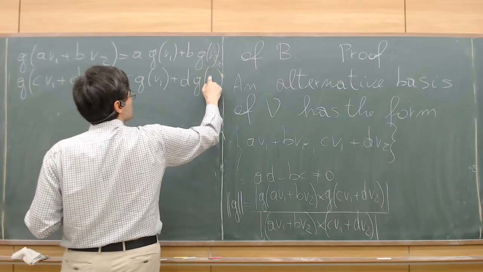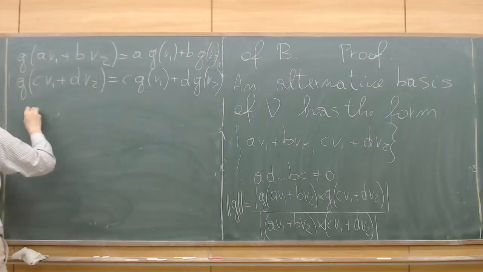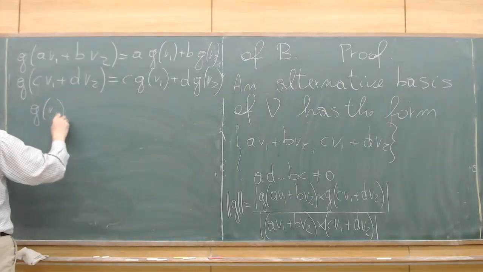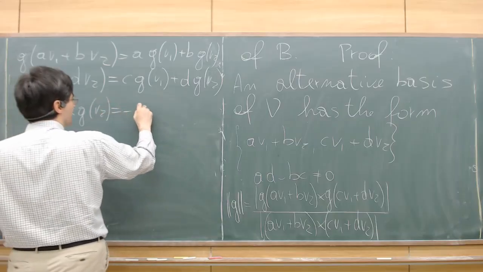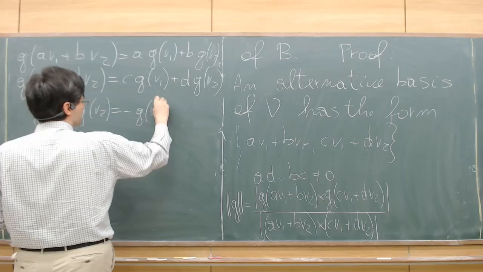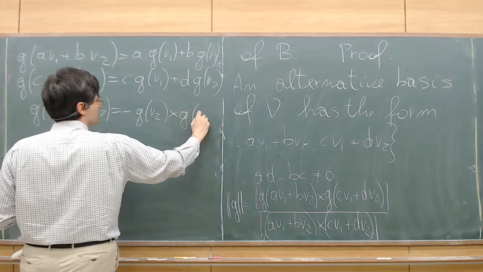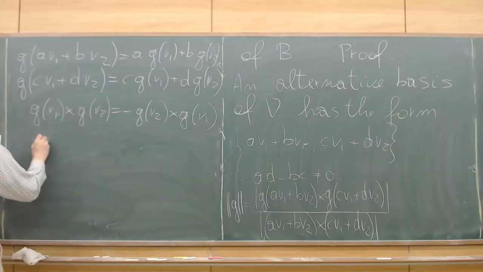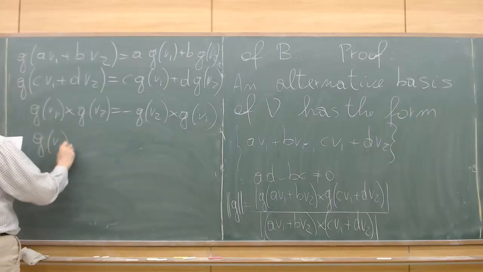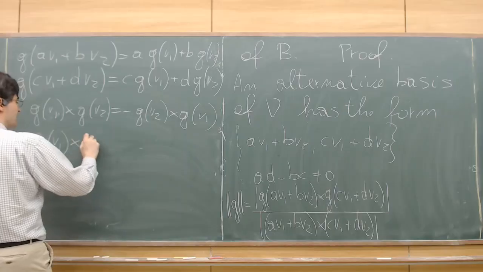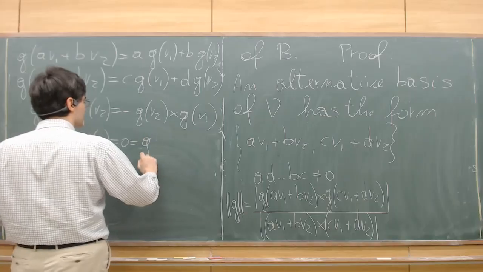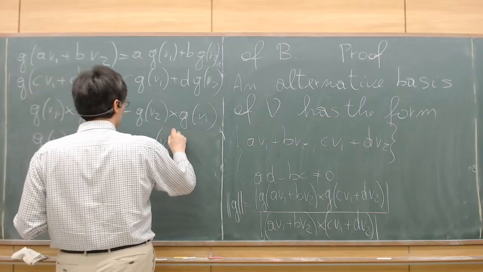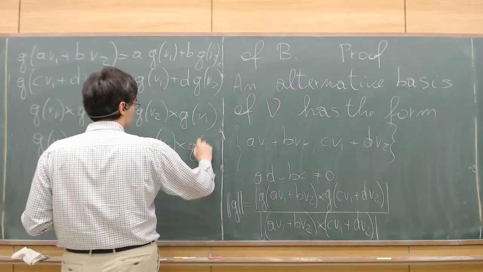And you use the fact that GV1 cross GV2 is equal to minus GV2 cross GV1, and GV1 cross GV1 is 0, and so is GV2 cross product GV2.